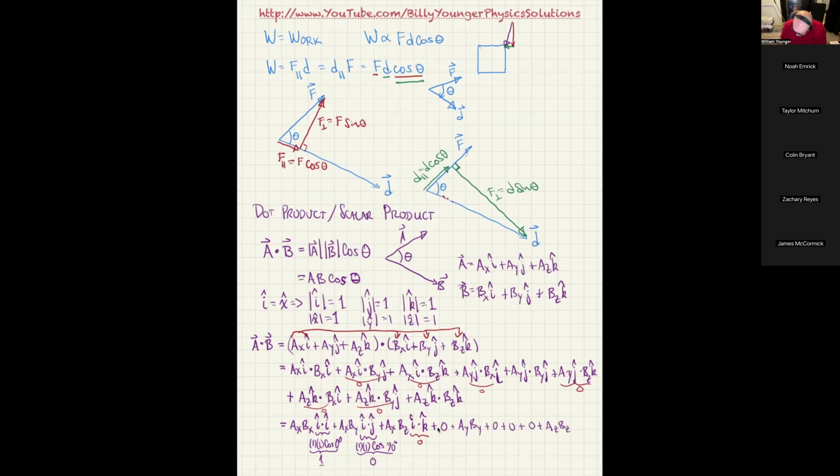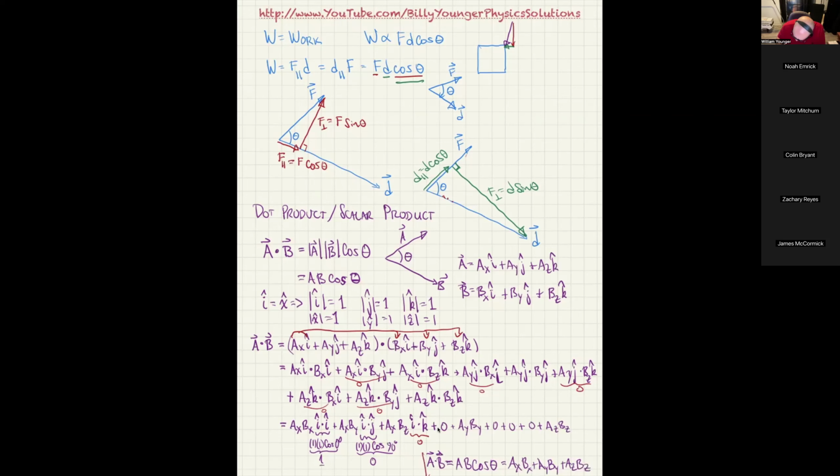So we now have another way of writing the dot product. We can say A dot B is equal to the magnitude of A times the magnitude of B times the cosine of the angle between them, but it's also AXBX plus AYBY plus AZBZ.